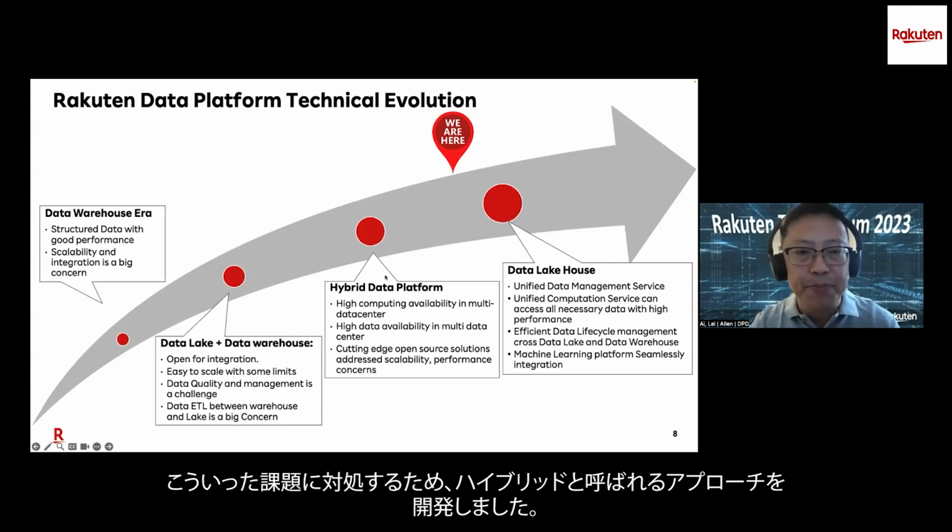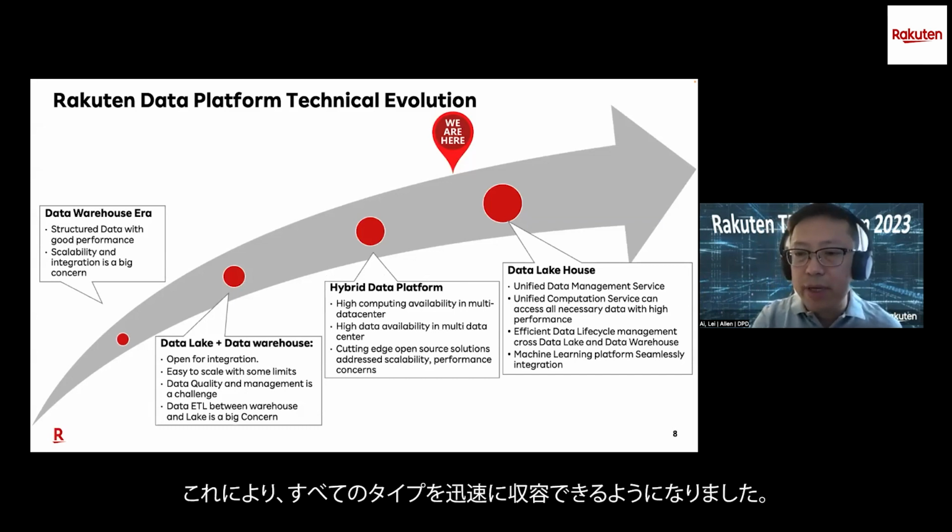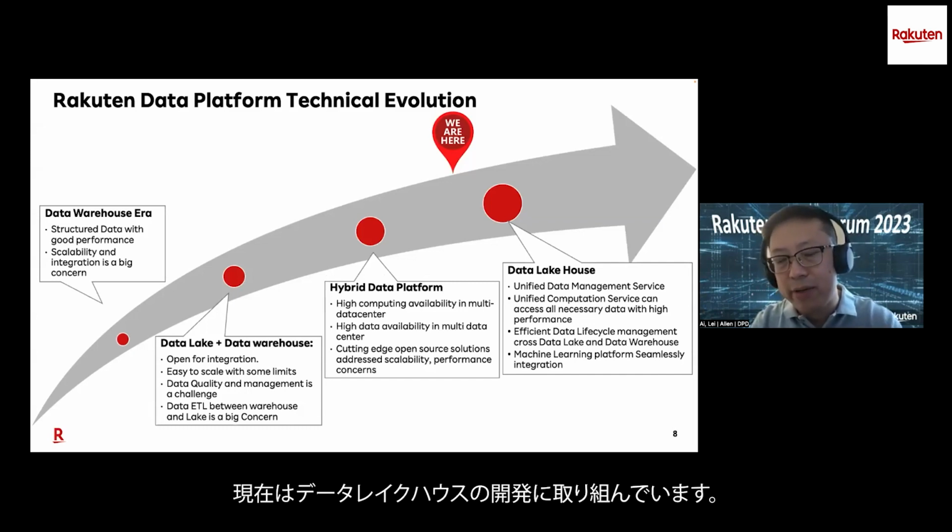So that's when we started the third phase. We call that the hybrid data platform. The main motivation was to resolve the scalability challenge across different regions, different data centers, on-premise and public cloud. Sometimes our on-premise data center does not scale as fast as the public cloud, right?